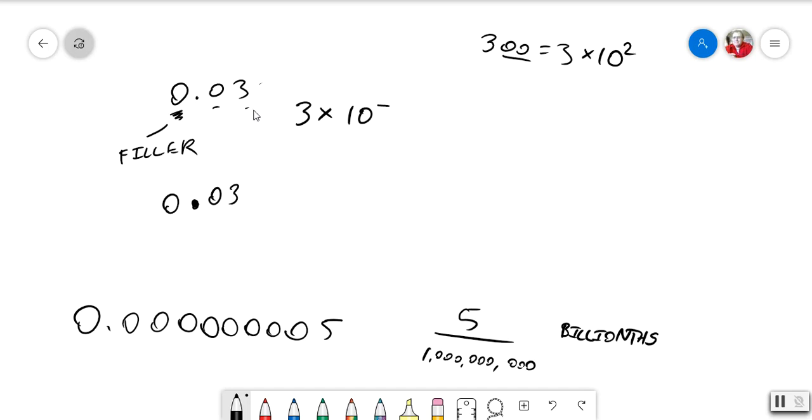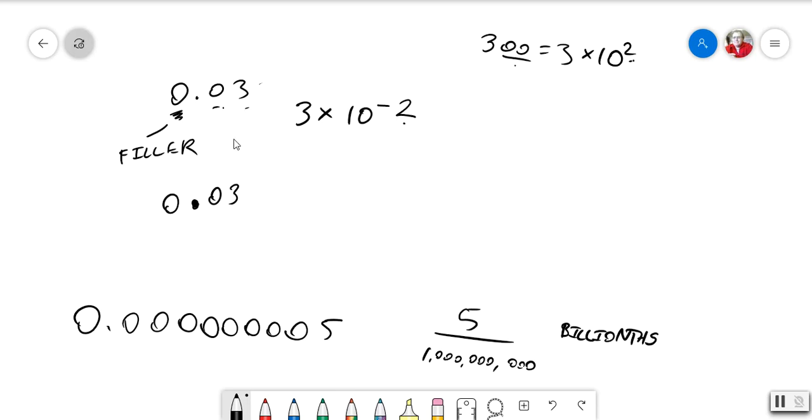In this case, it's going to be negative 2. 100 is positive 2, while 0.01 is negative 2. With a large number, the exponent and the number of zeros are the same. With a decimal, the exponent is always one more than the number of zeros.